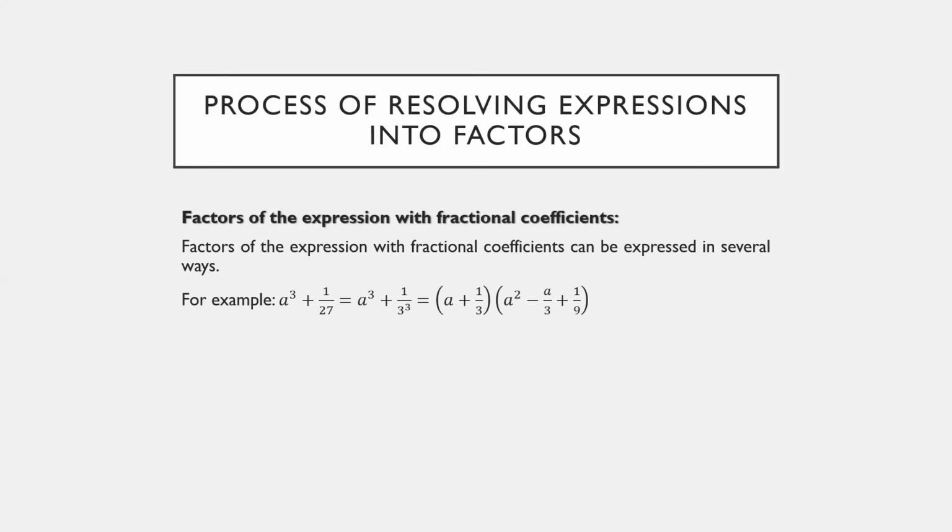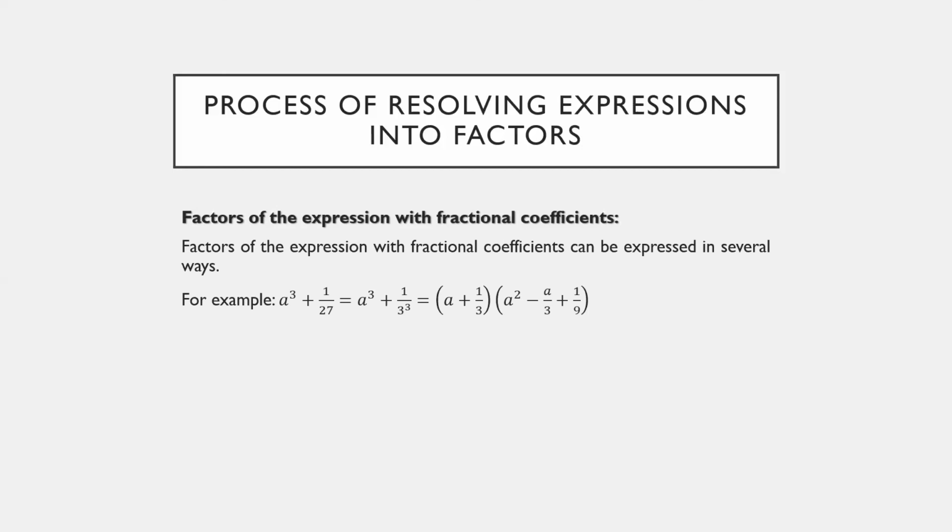Now we can write 1 by 27 as 1 by 3 whole cube. So we got a cube plus 1 by 3 whole cube. From there we can use the formula for the addition of two cubes, a cube plus b cube, which is a plus b into a square minus ab plus b square.